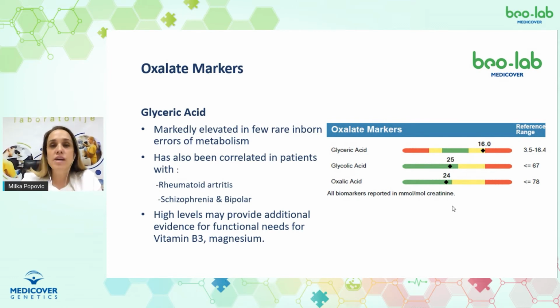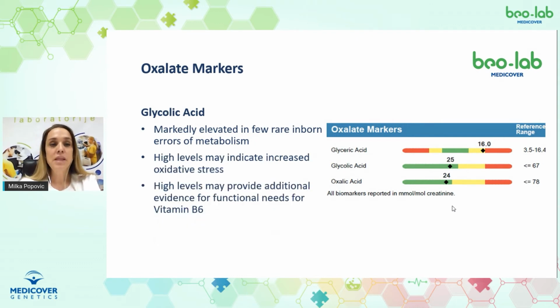We often come across this among people with rheumatoid arthritis, and the literature will tell you that glyceric acid is also high in certain bipolar disorders and schizophrenia. But the bad metabolism of this acid can be due to functional needs for vitamin B3 and magnesium, which are very important for its metabolism.